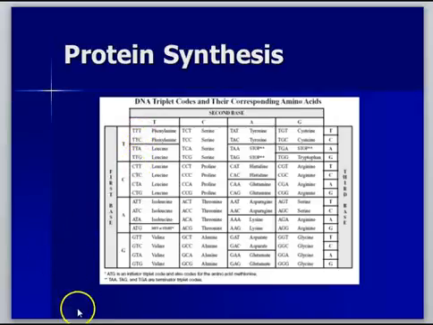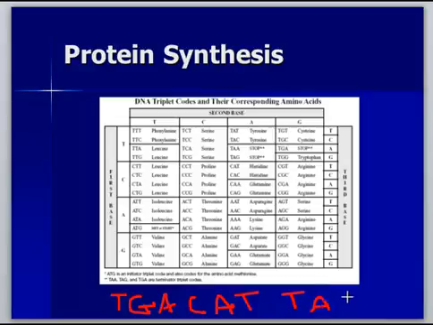You had to learn about mRNA. There was a whole slew of extra steps that you would have had to do, and we don't do those here. So for example, again, let's just take a different DNA code. Let's say we're going TGA, CAT, TAC. Okay?